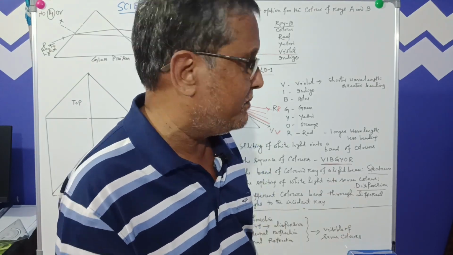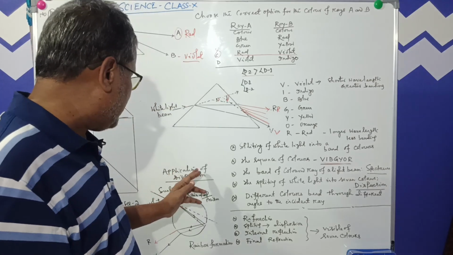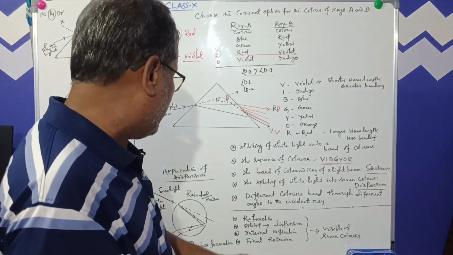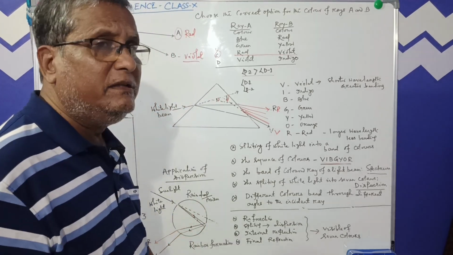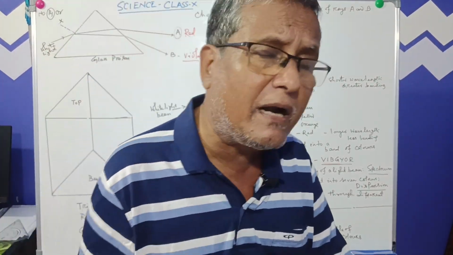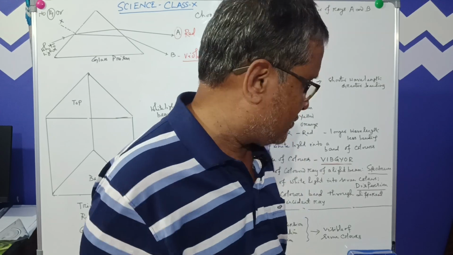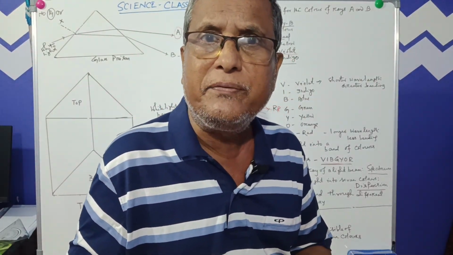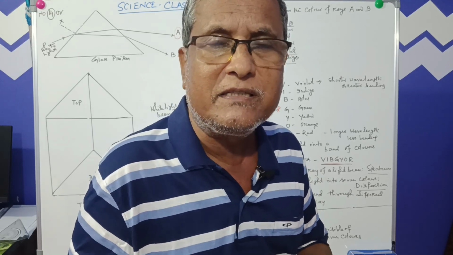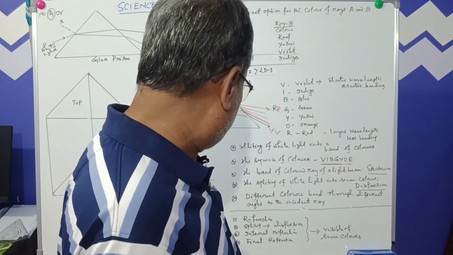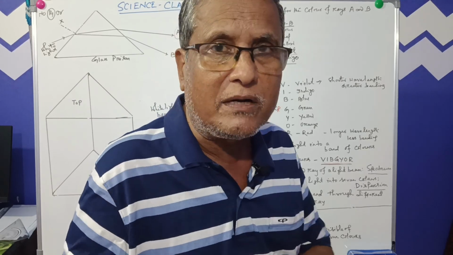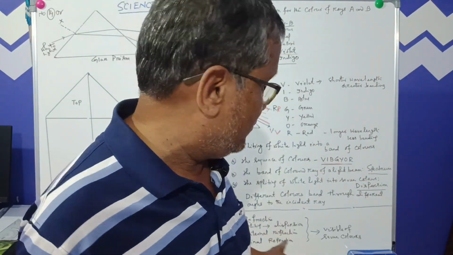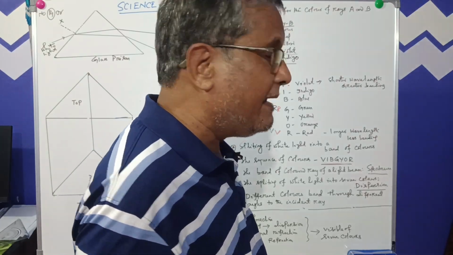A rainbow is formed. So the application of dispersion is rainbow formation. How is a rainbow formed? This question has been asked several times. So I shall present the different phenomena that take place in order, so that we see a natural visible band of seven colors in a rainbow.